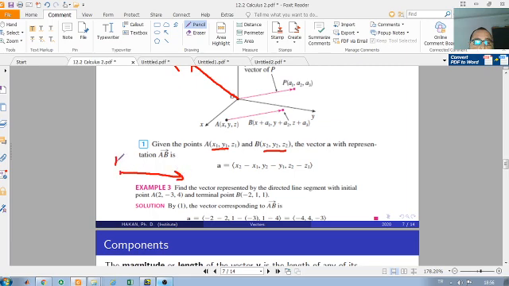A is the initial point, B is the terminal point. Okay. So the components can be found by taking the difference of the components respectively.